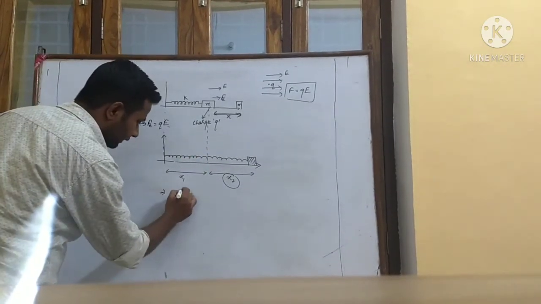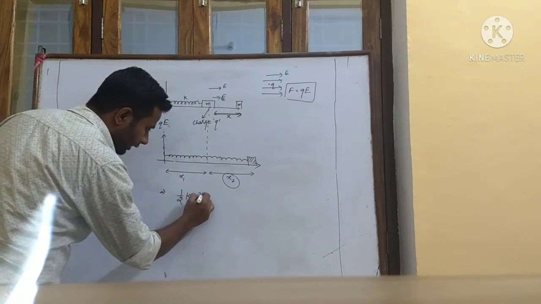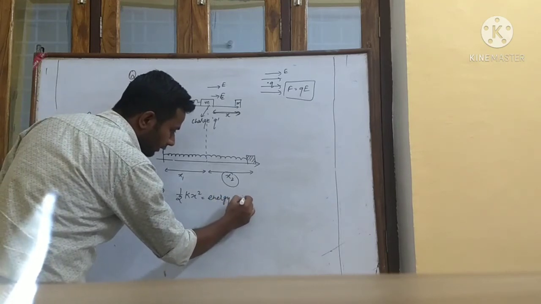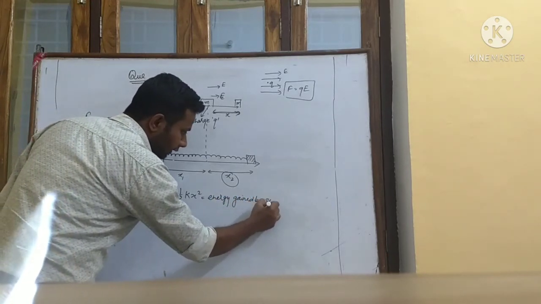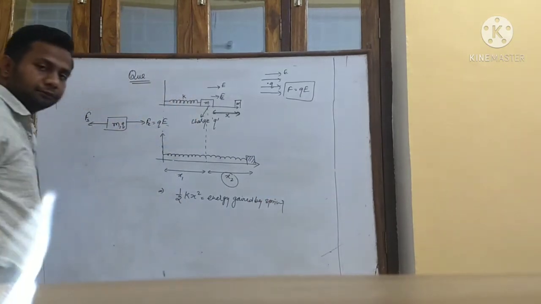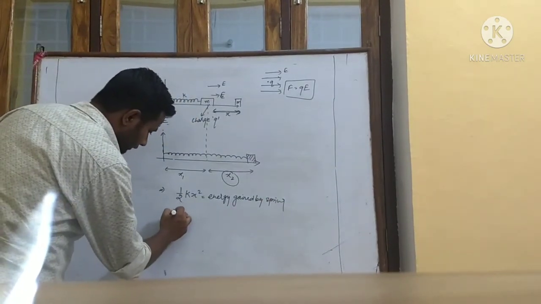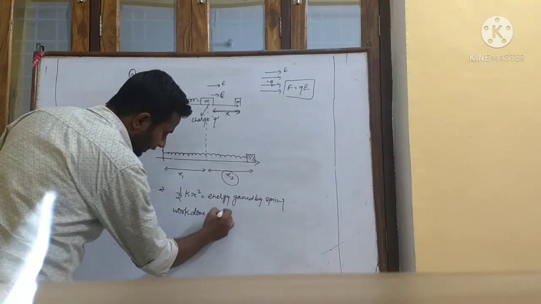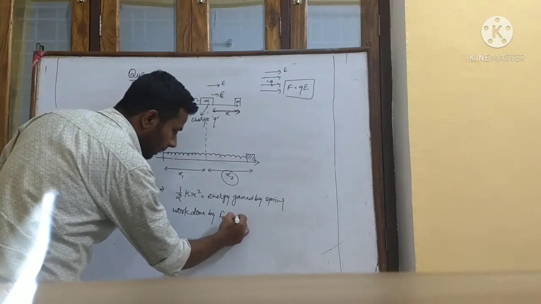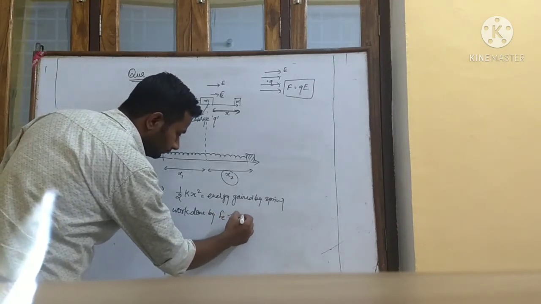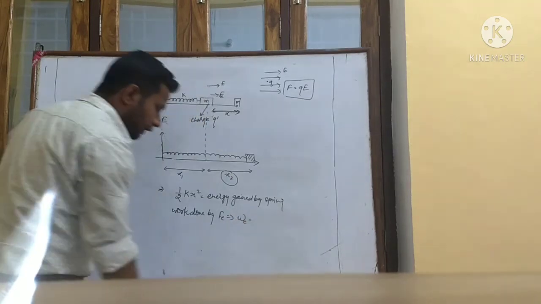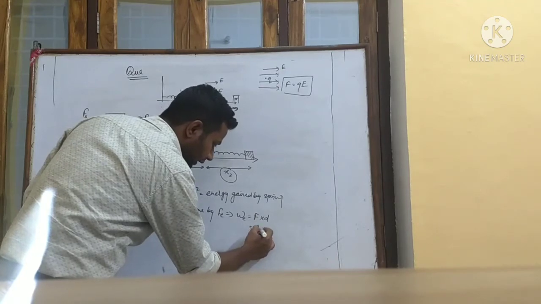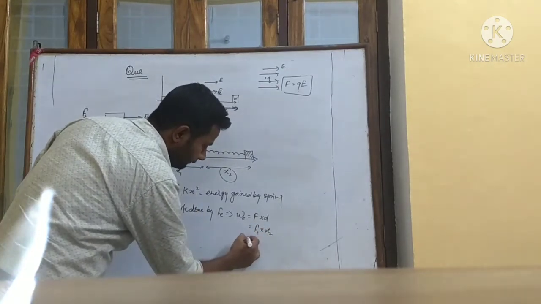let's think in the same way: 1/2 k x square is the energy gained by the spring. And the work done by Fe is equal to force into displacement, that is Fe into displacement x2.